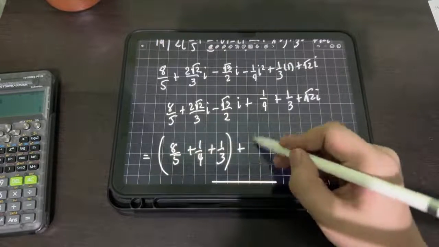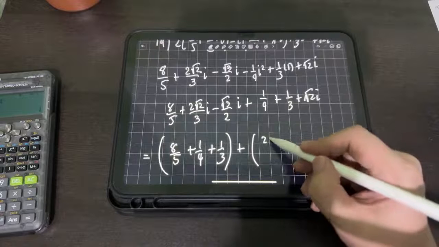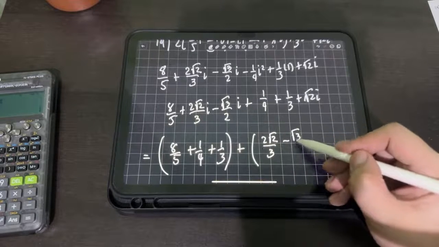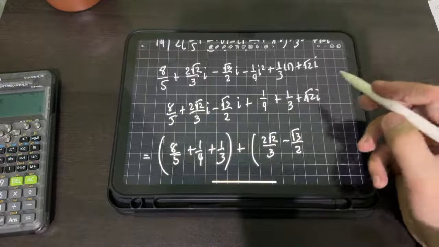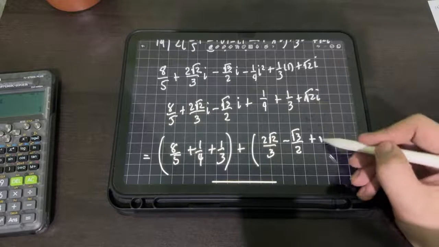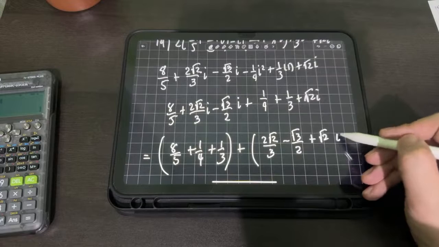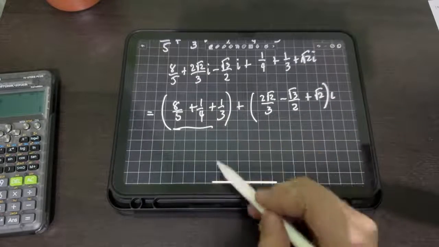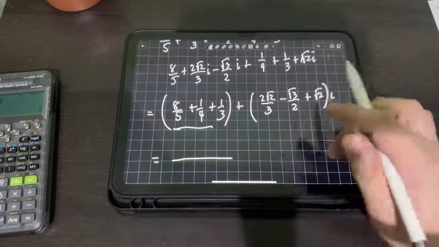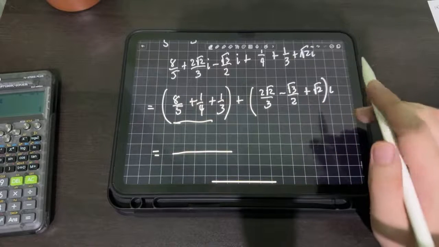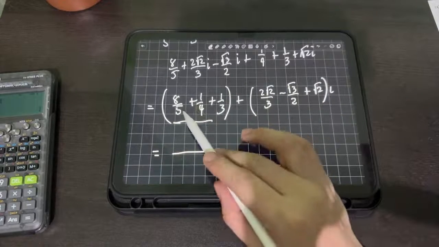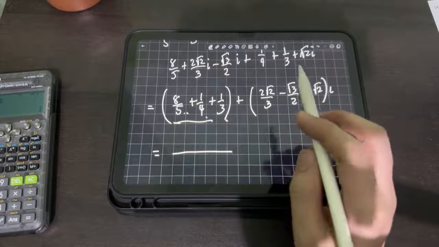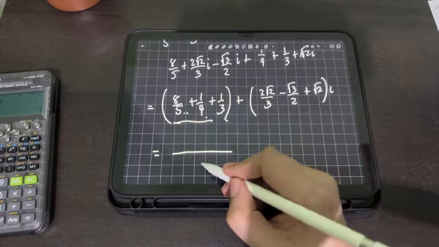For the imaginary part, we have 2 square root of 2 over 3 minus square root of 3 over 2 and then plus square root of 2 i. So we can combine this as a single fraction. Get the LCD or the least common multiple of the denominators 5, 4, 3. Obviously, that's 60, right?